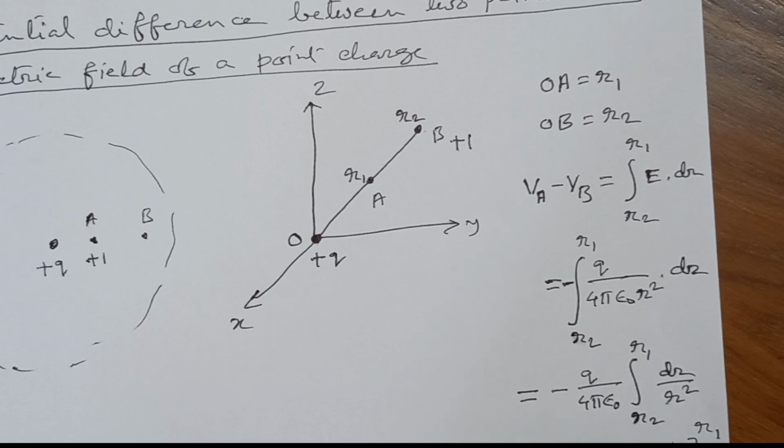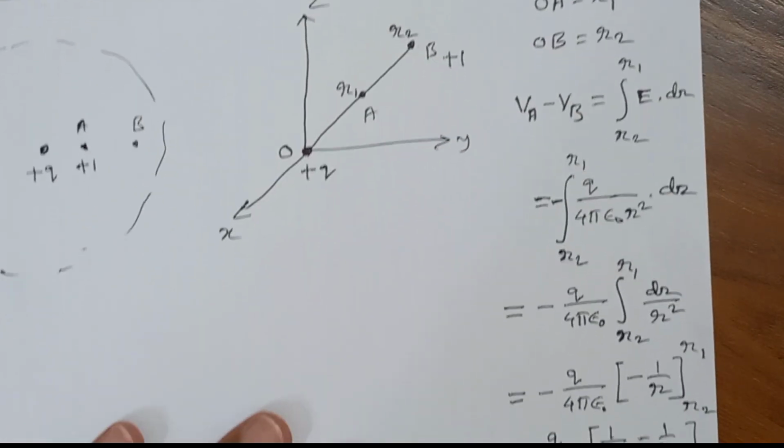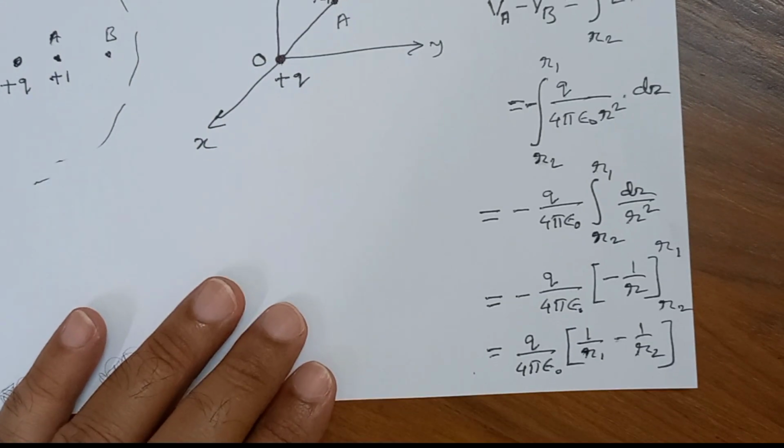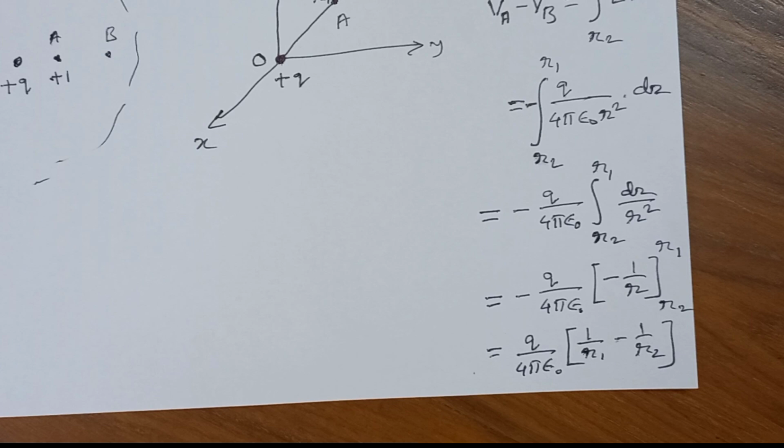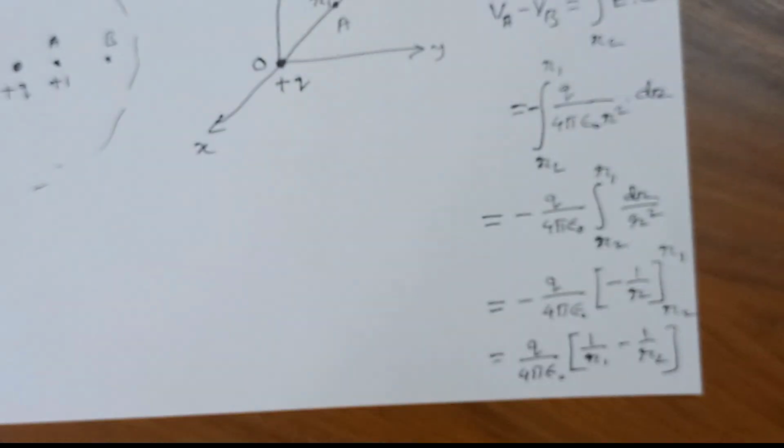If we take the negative sign outside, then it will be 1 by R1 minus 1 by R2, and finally this will be the potential difference between these 2 points.